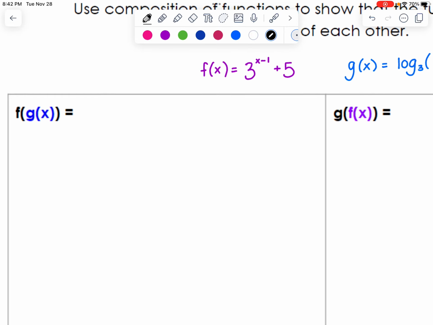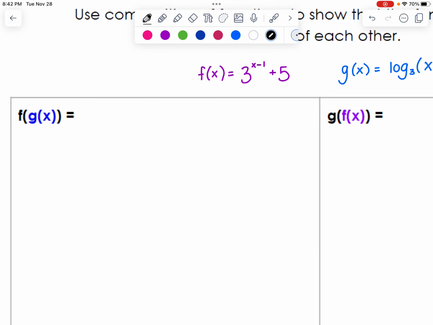We've got f of g of x. So that means that I'm going to take the f of x function, which is 3 to the power of x minus 1 plus 5, and I'm going to replace x with g of x. And I'm going to leave everything else in the function the same, minus 1 plus 5. So I've only replaced x, and I've replaced it with g of x. Now, g of x, the function, is log base 3 of x minus 5 plus 1.